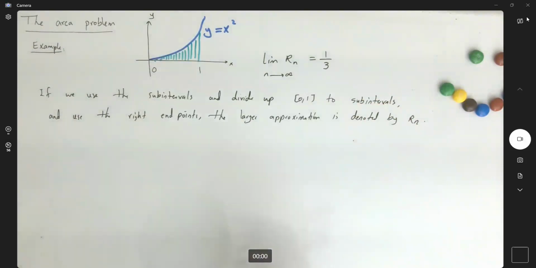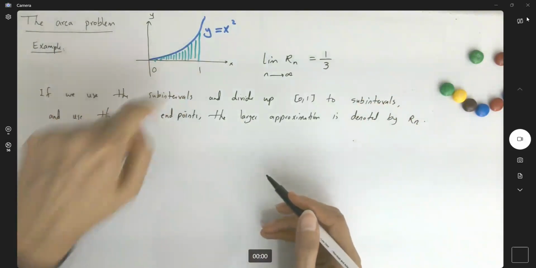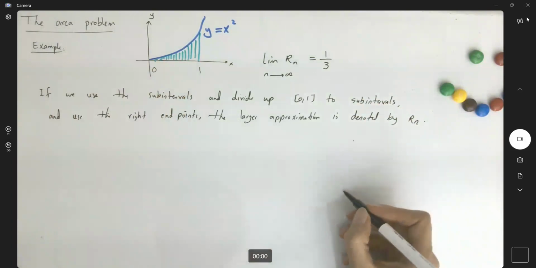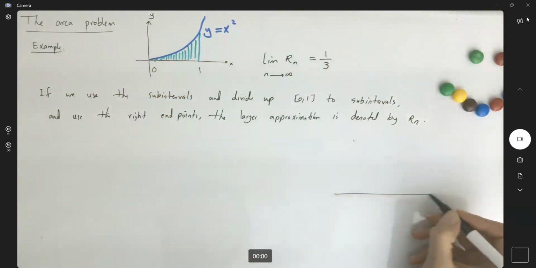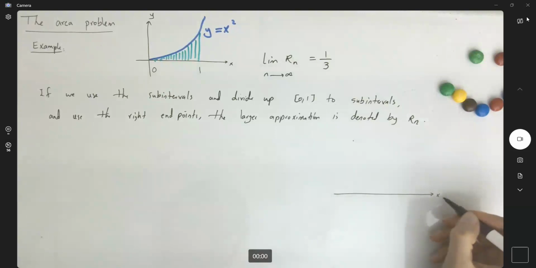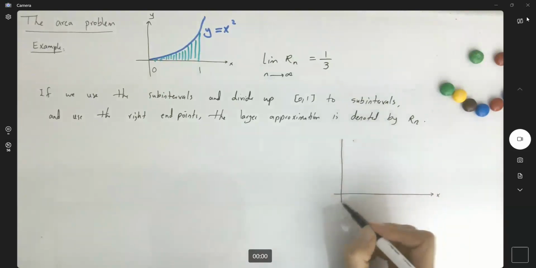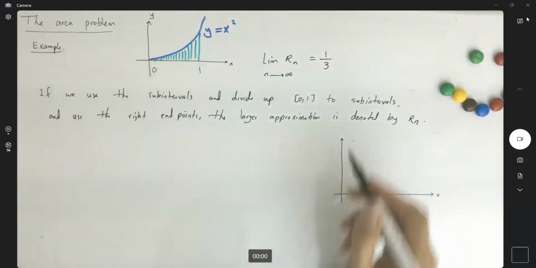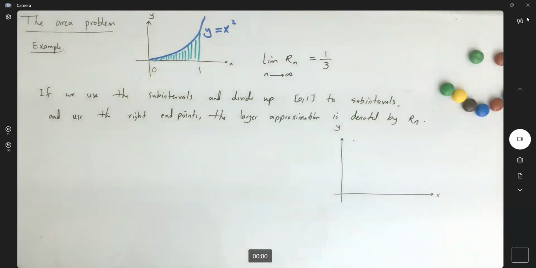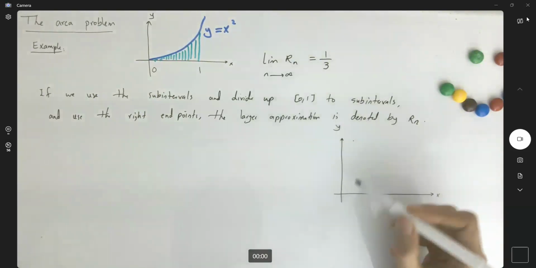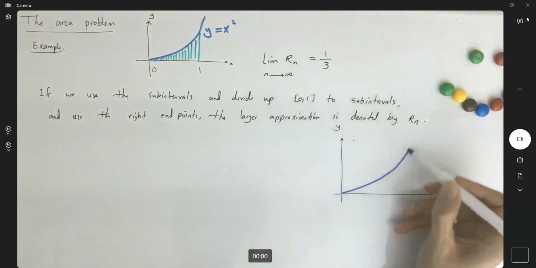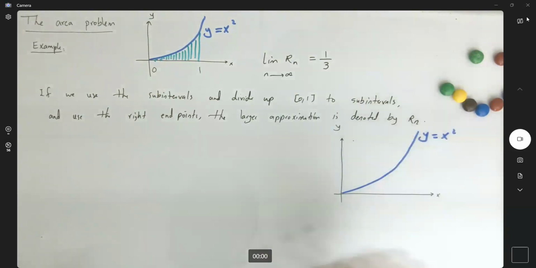So remember that we took this two-dimensional object and we divided that up into smaller rectangles. So here we have x and y, and this is our shape, for example, 0 and 1, y equals x squared.